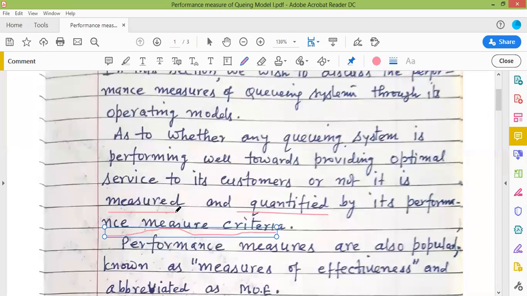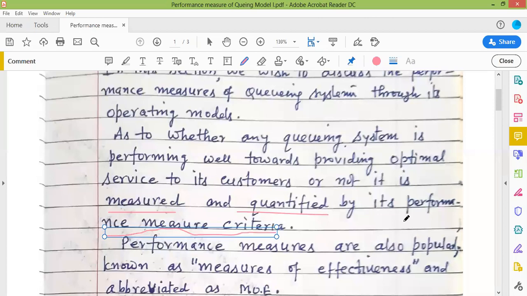Means if the quantity is high, it shows that the rate and quality of the service is not good. So that is inversely proportional to the quantity of the customers available in the system.